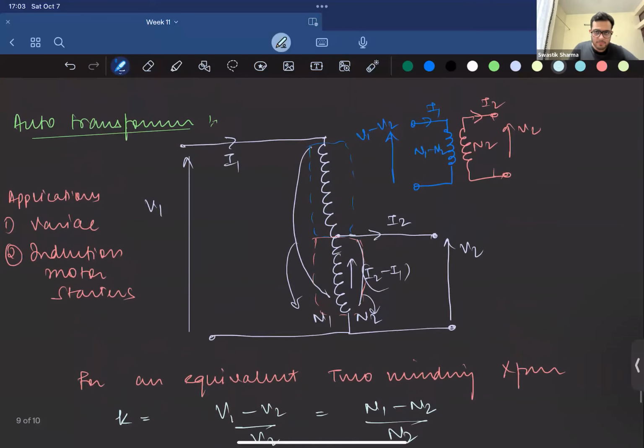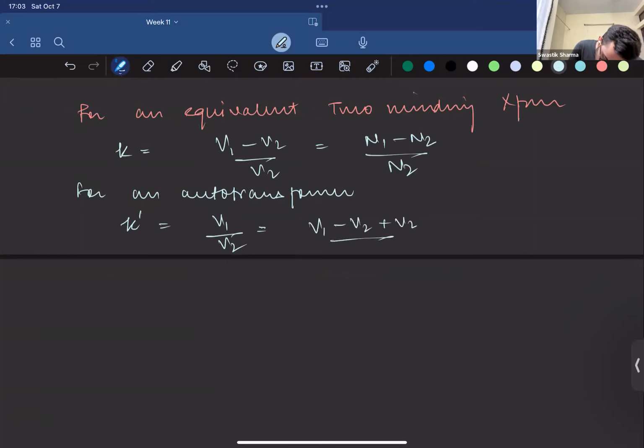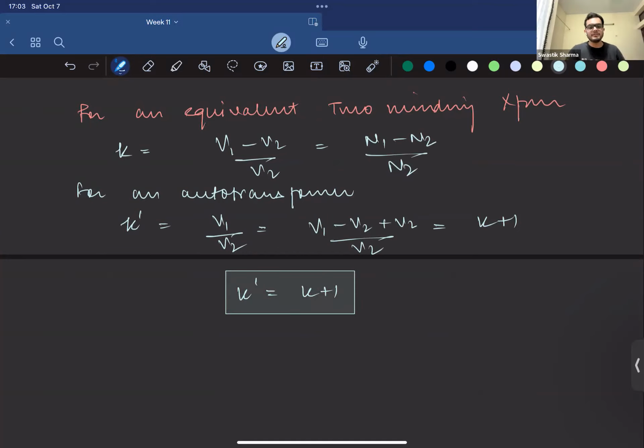So it's simply V1 upon V2. So if we do it like this, V1 minus V2 plus V2 upon V2, we can say that it's nothing but K plus 1. So K dash is K plus 1. So for an auto transformer, the turns ratio is given by the turns ratio of the two winding transformer added with 1. That's what it is.